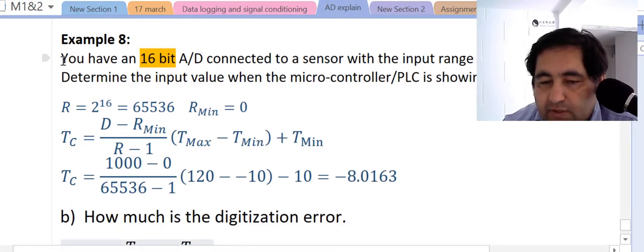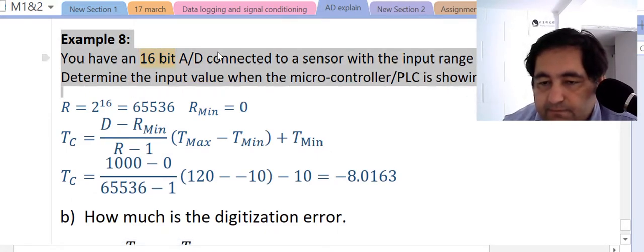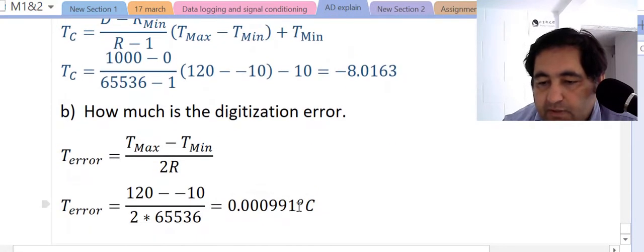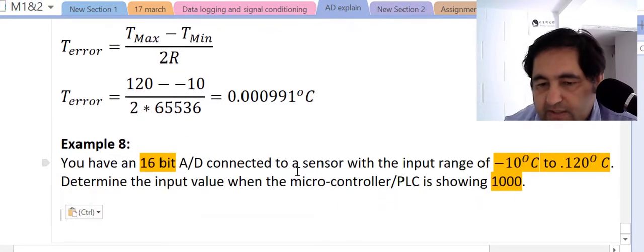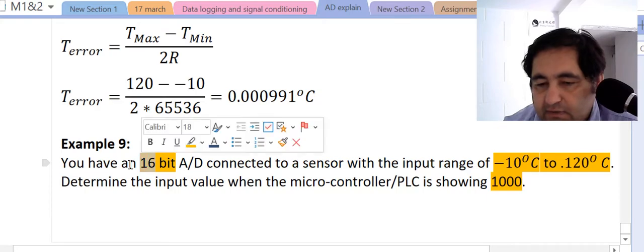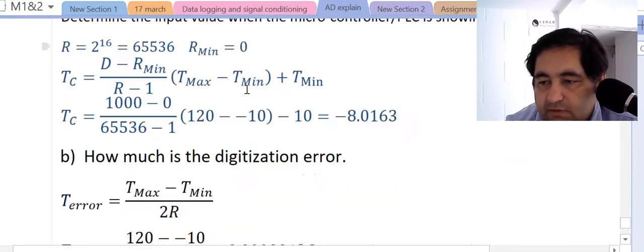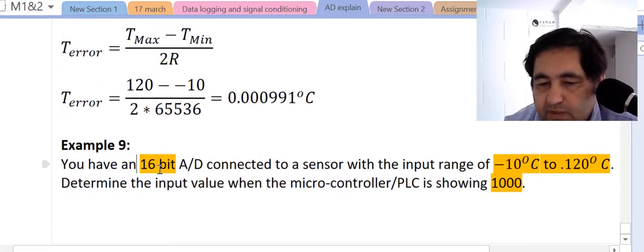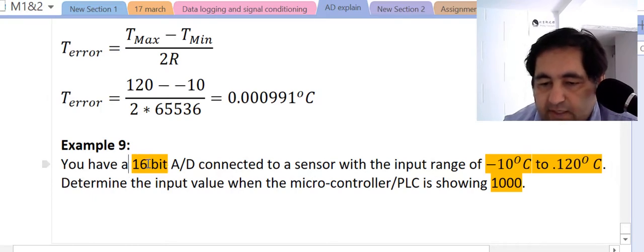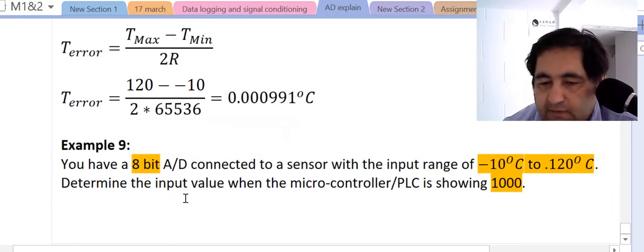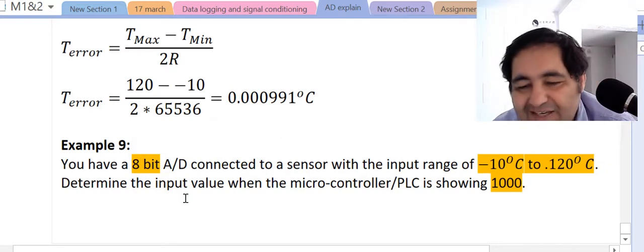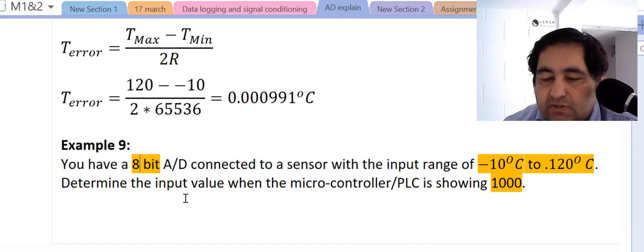Okay, let's go for another example, and hopefully you'll be able to answer that example. I like to go for multiple examples always. Example 9. Let's say you have an 8-bit A to D, again sort of reducing it, connected to a sensor.